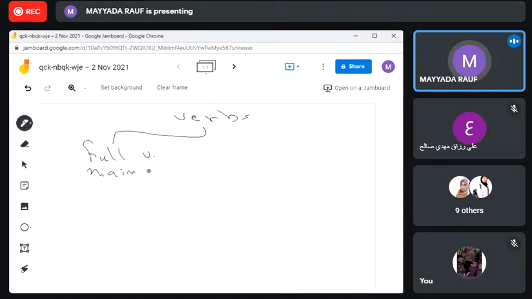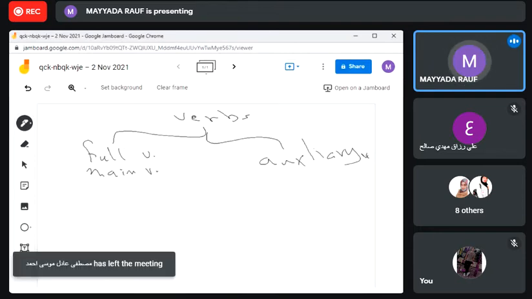Or what we call it a main verb or auxiliary. Okay, so by full verb or main verb we mean that it is the verb that does not need an assistant from an auxiliary verb.